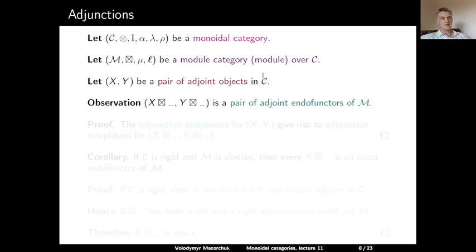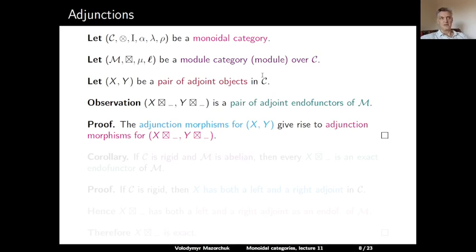X box times with something is an endofunctor of M, and y box times with something is another endofunctor of M. So the observation is that this pair is a pair of adjoint endofunctors of M. Proof: the fact that x and y is a pair of adjoint objects in C means exactly that we have the corresponding unit and counit of the adjunction in C, which satisfy the adjunction axioms.